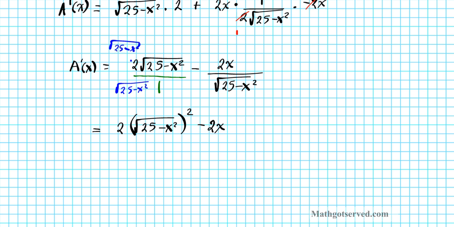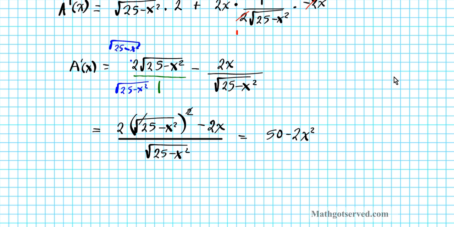And since these two denominators are identical, we can just write them as 1, which is the square root of 25 minus x squared. Okay? So let's go ahead and simplify that. Square root and square are inverses. They cancel out. We distribute the 2. We have 50 minus 2x squared.